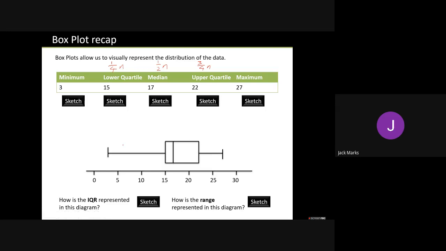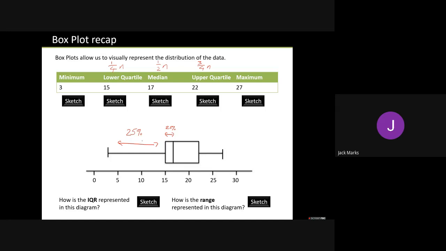The general idea here is that each section between the vertical lines represents 25% of the data. So for example, we can see that between 15 and 17, 25% of the information is very close together, very consistent, whereas it's a lot more spread out here.